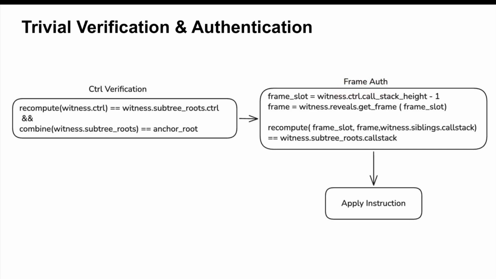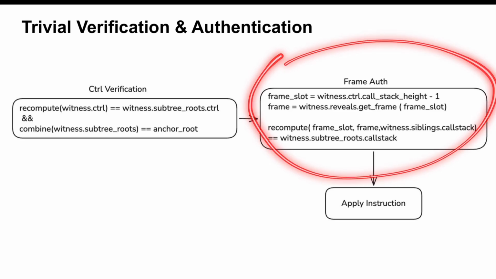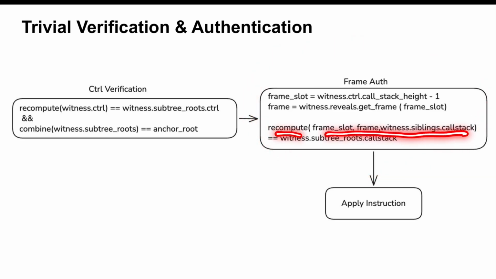And same for the last call stack frame, because we always have to provide the last call stack, because this call stack has the program counter information, and program counter always changes. No instruction leaves the program counter unchanged, so we always have to provide the last call stack, and we always have to recompute and compare the verified membership.